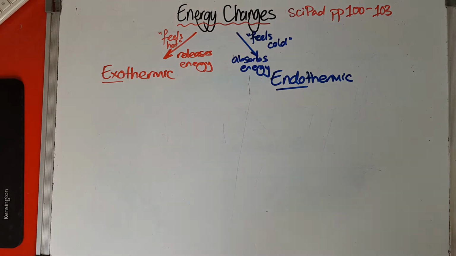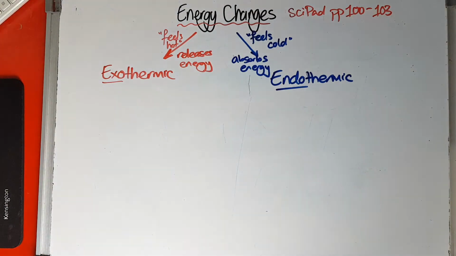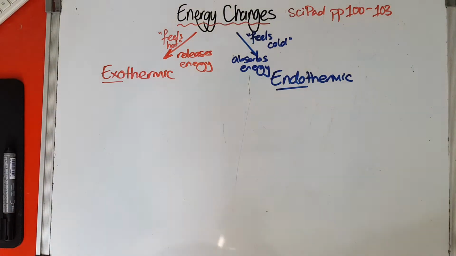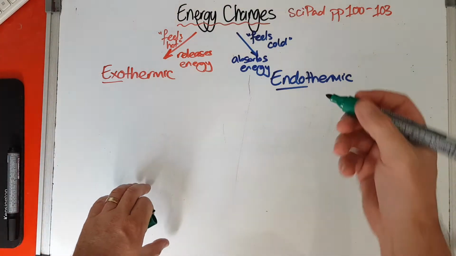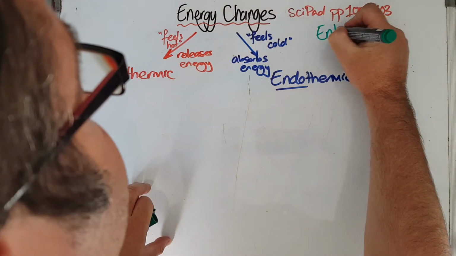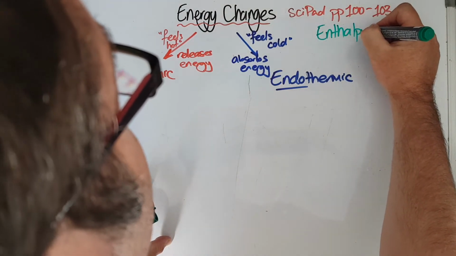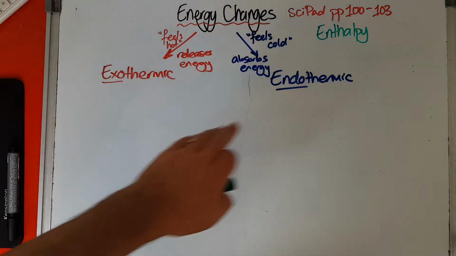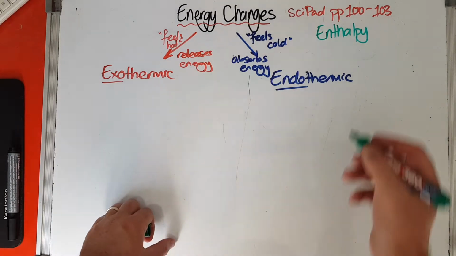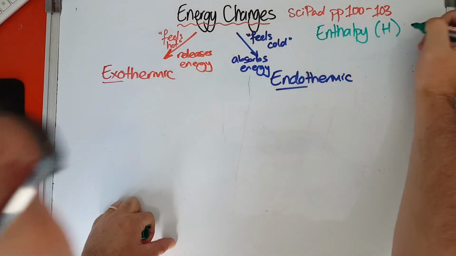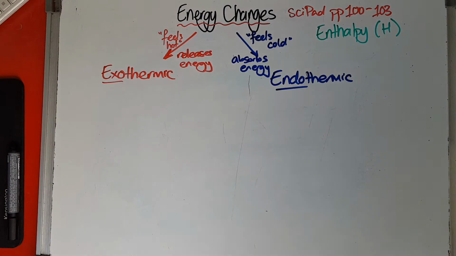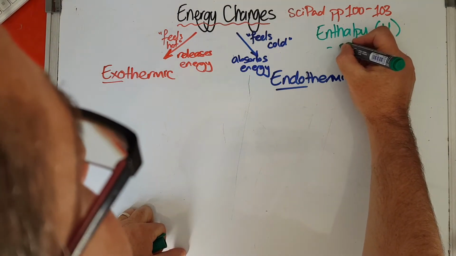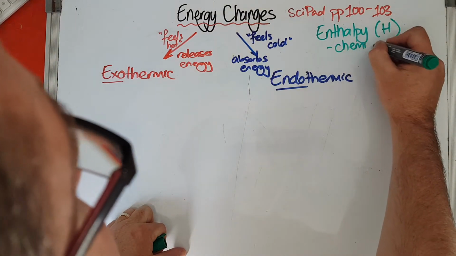The way we measure these energy changes is using a thing called enthalpy. So rather than energy changes, we probably should be calling them enthalpy changes. And enthalpy, because it's to do with the total amount of heat involved, hence these words thermic, has got the symbol H. And enthalpy is basically all of the energy we find in the chemical bonds, and that's called chemical potential energy.